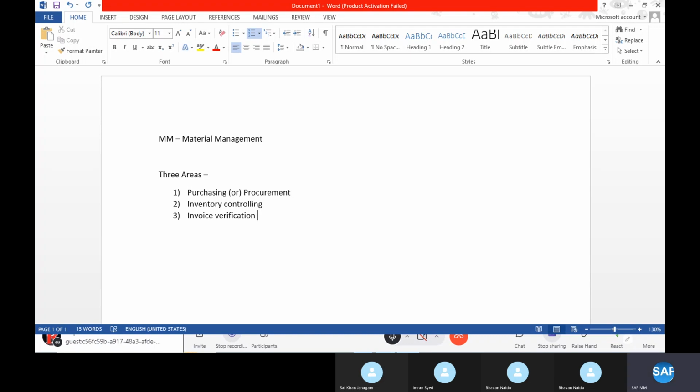If you want to run purchasing, you need the material and the vendor. You also need the info record, some information of the vendor, like prices. Those are the master data. We'll talk about those separately, but we are talking about areas. Any doubts here?